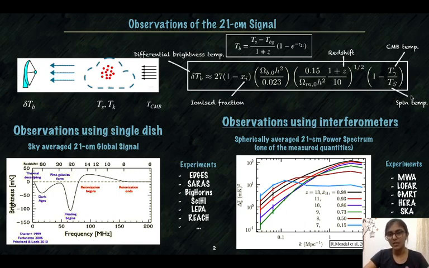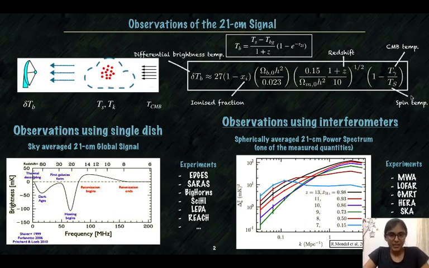Based on this particular contrast, we get to observe the signal either as an absorption or emission with respect to the CMB. There are various current and upcoming experiments like EDGES, SARAS, Bighorn, Sci-Hi, LIDAR, RAGE, MWA, LOFAR, GMRT, HERA, and SKA. Most of these experiments target to observe this 21 centimeter signal either as a sky average global signal or as a power spectrum.